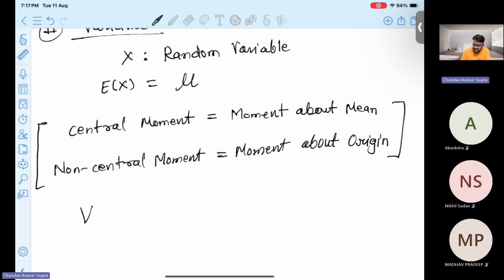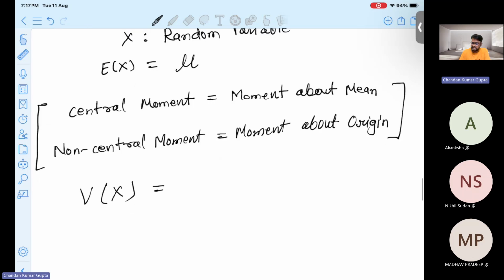The formula for the variance is V(X) or Var(X), usually denoted this way. This is nothing but the expected value of (X minus the expectation of X) the whole squared.